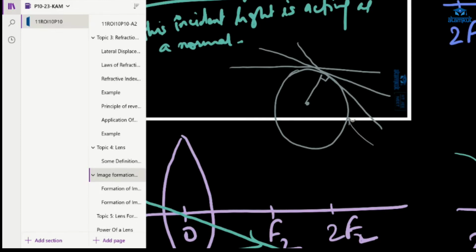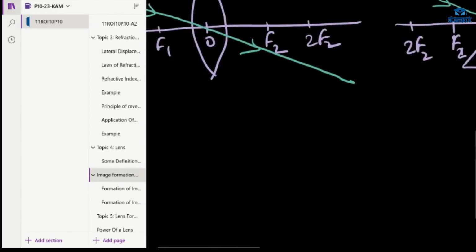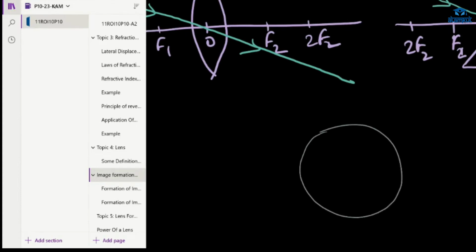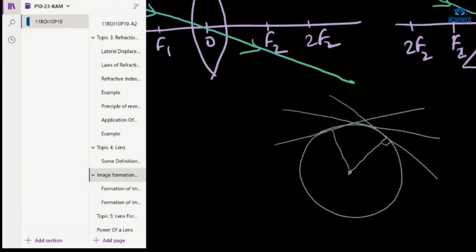If you see one part of the lens, this is the part of a circle. Like in a circle, there are infinity tangents, isn't it, Safia? And all tangents make 90 degrees with the radius, right?